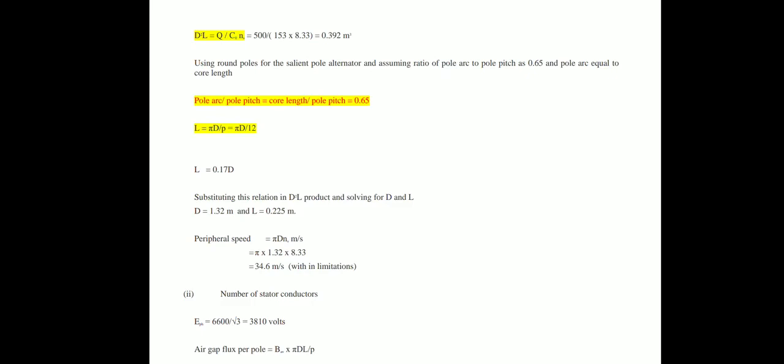The second point, number of stator conductors. E phase is equal to 6600 upon root 3, which is equal to 3810 volts. Air gap flux per pole, that is phi, is equal to BAV into pi D L upon P. Put all the values given to you and calculate.